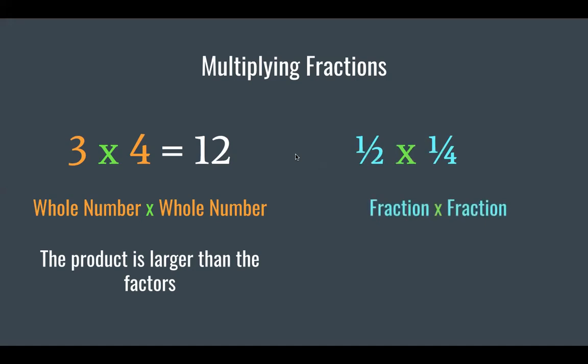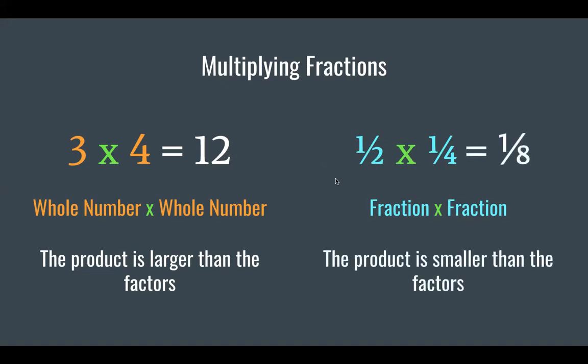So we have a fraction multiplied by a fraction. Is their product going to be smaller or bigger than those two factors, 1/2 and 1/4? If you said smaller, you are correct. So the product is smaller than the factors. The answer to this multiplication problem is 1/8, which is smaller than 1/4 and smaller than 1/2.